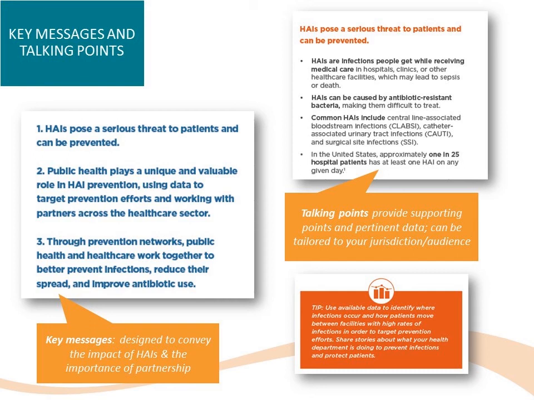We put the messages in 3 major buckets, and you'll see when we get through the key message points, if you go download the toolkit, the first is how do you build a case? How do you get people to know that HAIs and AR are a serious threat? Some people, and we've talked to communities, you see a lot of media attention happens when the threat is raised, when there is an Ebola outbreak or something of that nature.